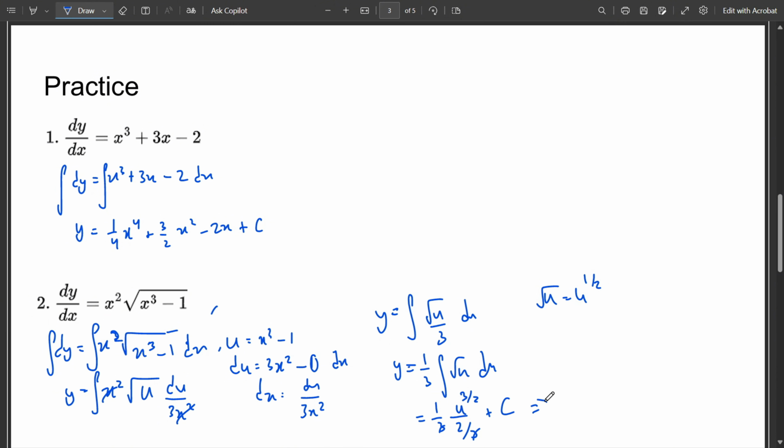We have 2 over 3 u to the 3 halves plus a constant, and u is x cubed minus 1. So we'll have 2 over 3 times x cubed minus 1 to the 3 halves plus a constant of integration. That's our y.